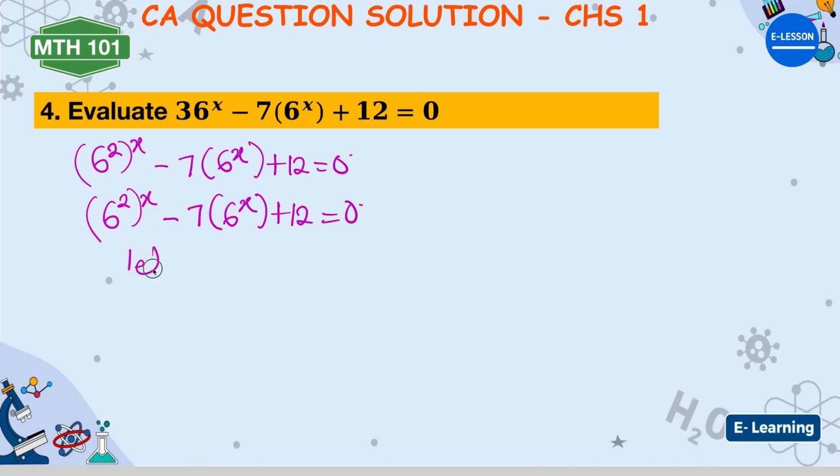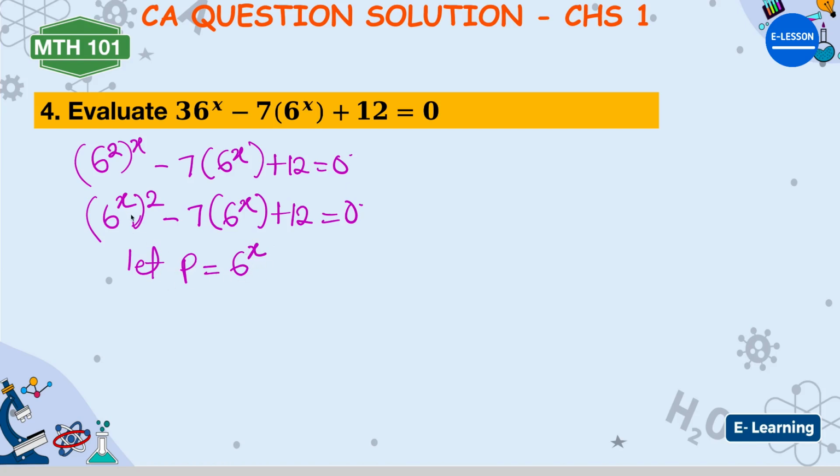Now, we can say let p be equal to 6 raised to the power of x. Are you getting it now? So we can say let p be equal to 6 to the power of x.